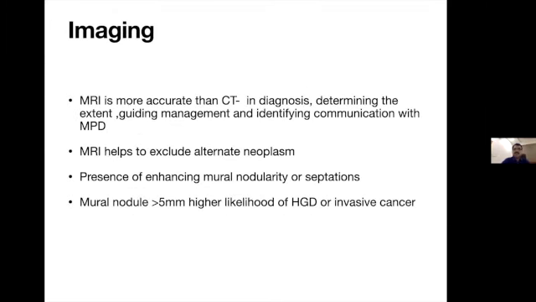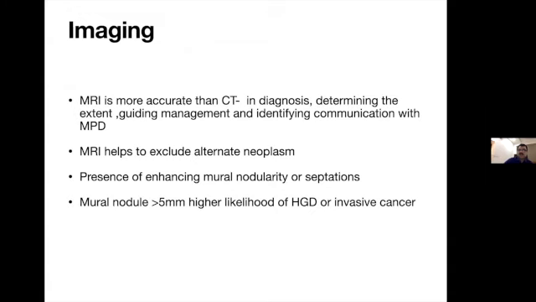So MRI is better than CT in diagnosing IPMN because it is helpful in diagnosing the ductal communication, identifying the mural nodule, and it will actually help to exclude alternate neoplasm. And if you see an enhancing mural nodularity or septations, they all show aggressive behavior.